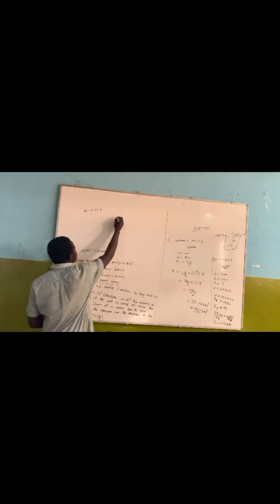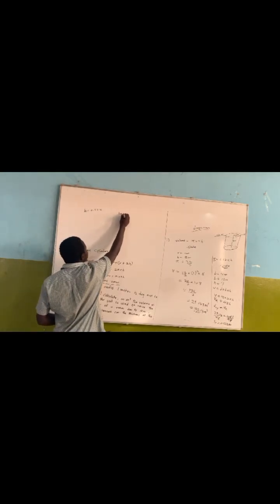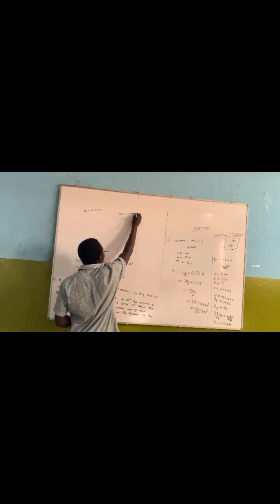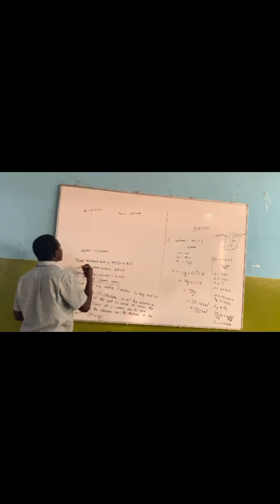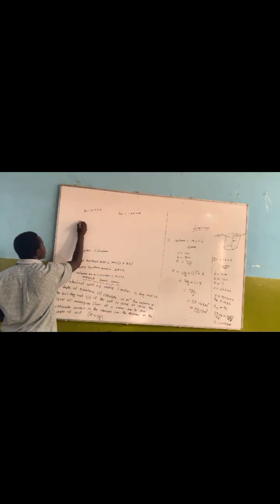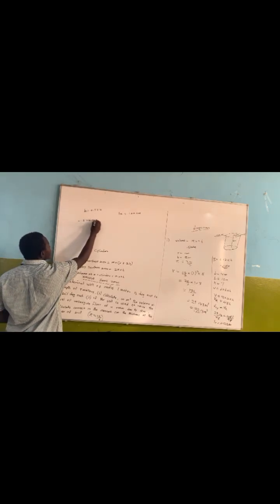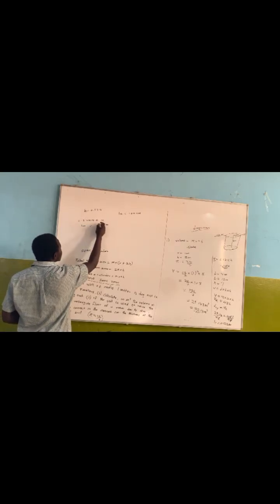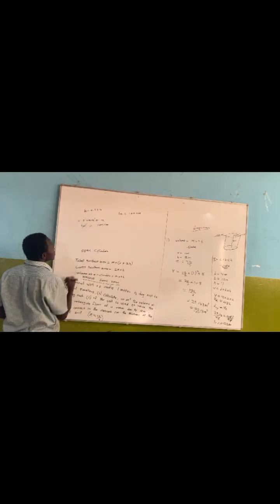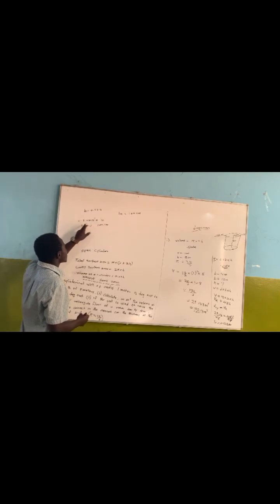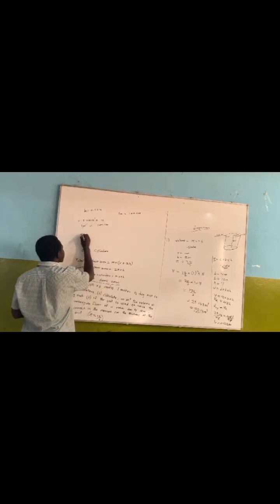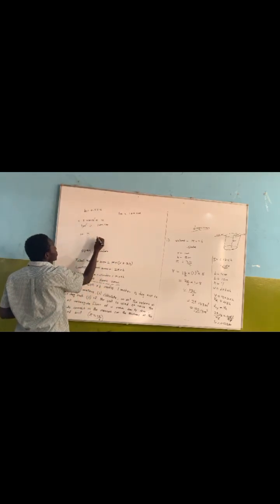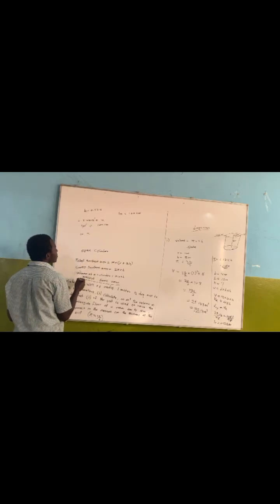We know that 1 meter is equal to 100 centimeter. So if 0.524 meter is equal to x, and 1 meter is equal to 100 centimeter, the meter cancels the meter, leaving x times 1, which is just x, equal to 100 times 0.524.